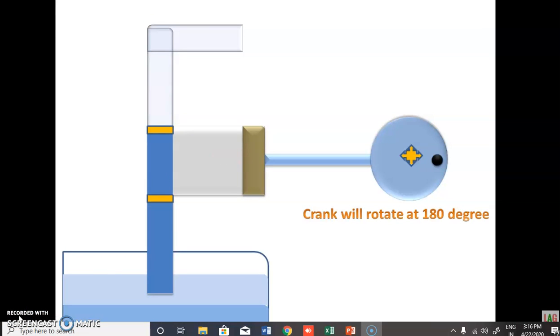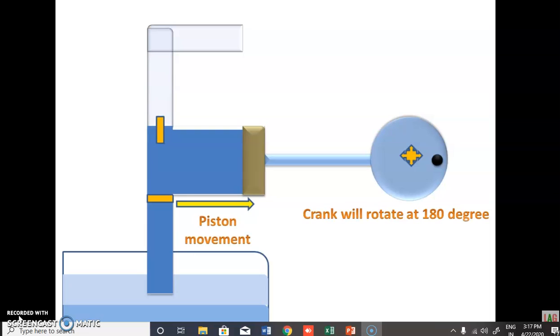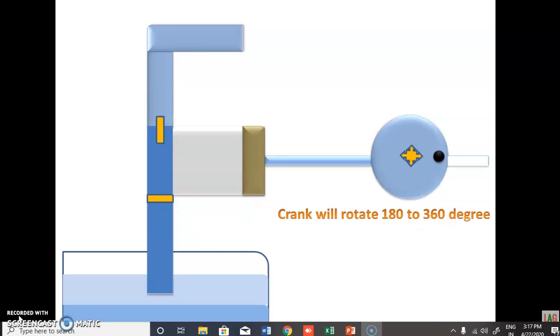And the water has been sucked inside, and the whole cylinder is filled with water now. Now the delivery stroke will start, and the delivery valve has been opened, and the piston now will move forward because of the movement of the crank toward this side. And the water is delivered wherever it is required.